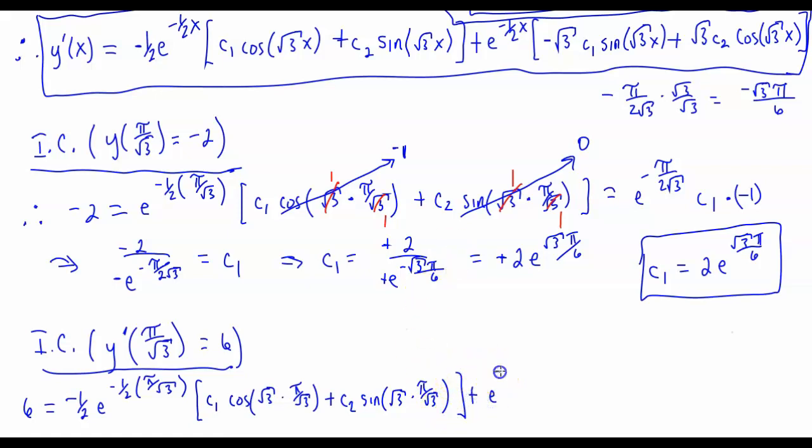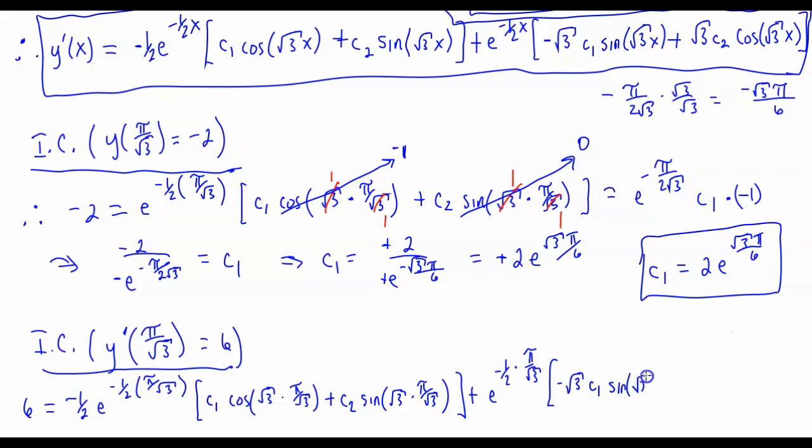All that plus e raised to the -1/2 pi over square root of 3 here. Now we have a minus square root of 3. I'm going to wait to put in C1 until later, after we do some simplification here.